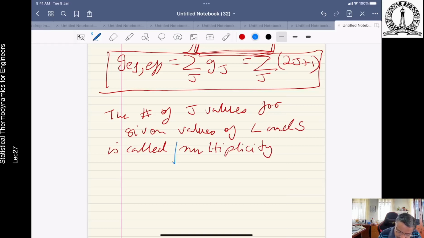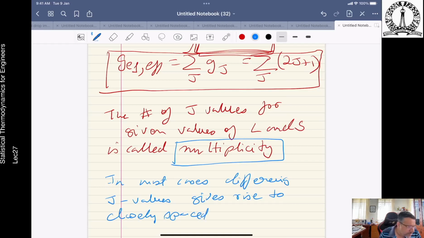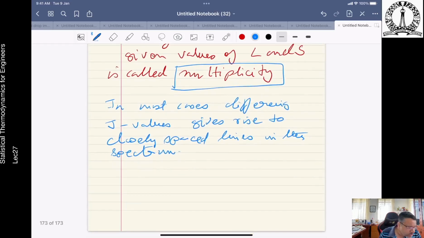In most cases, the different J values give rise to closely spaced lines in the spectrum, which is something that you saw in the figure.